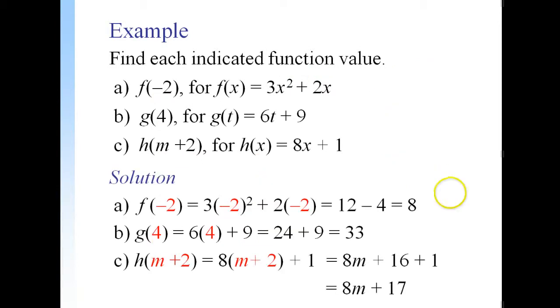And there they have it all worked out for you, as we did. So there's 8, there's 33, and there's 8m plus 17. Again, you could pause the tape if you'd like, rewind it, check it out.